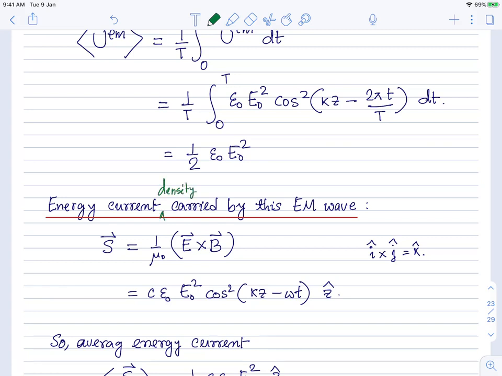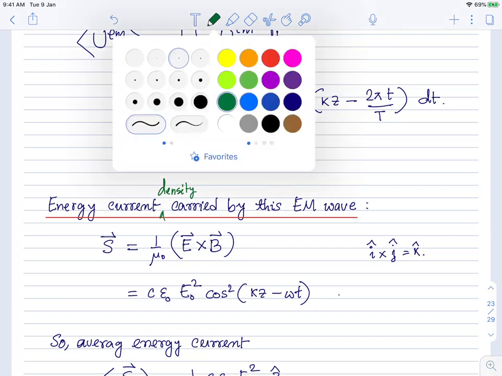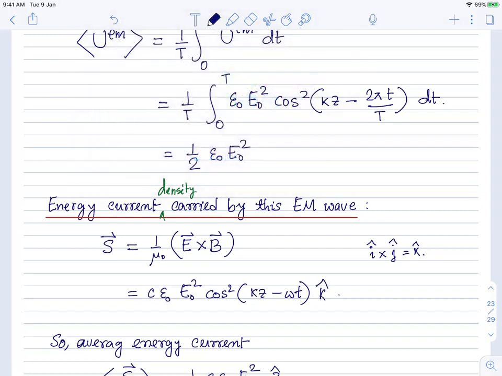The energy current density is given by the Poynting vector, which has the form 1 over mu naught times E cross B. Here also, because E and B are orthogonal to each other, i cross j is k, and so this is along the z direction.